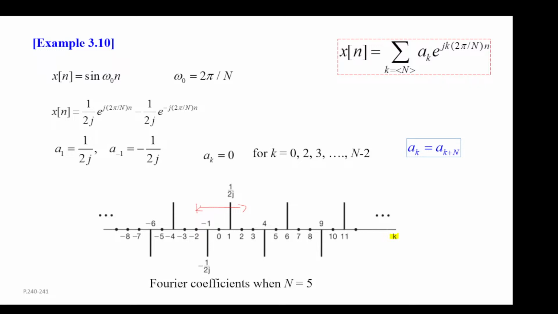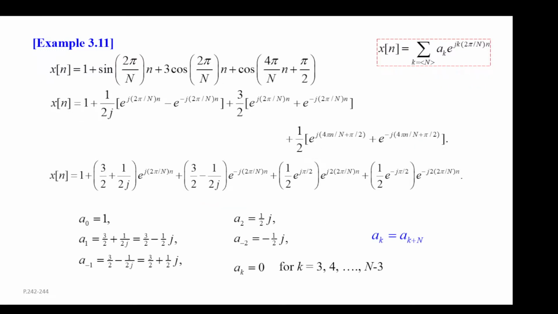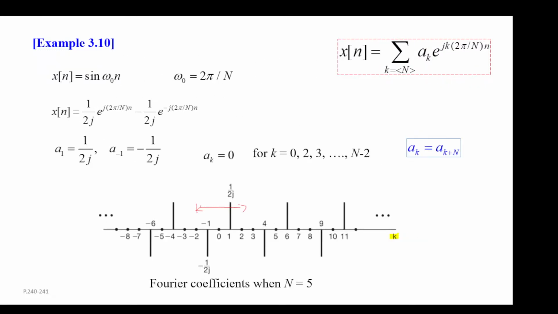Then we will pick up this a minus 1 and a plus 1. Okay, but maybe we can pick some really weird range of k, right? Maybe we pick our k range from 5 to 9.